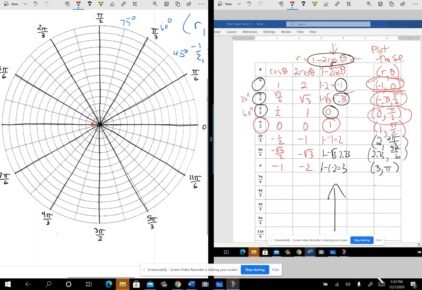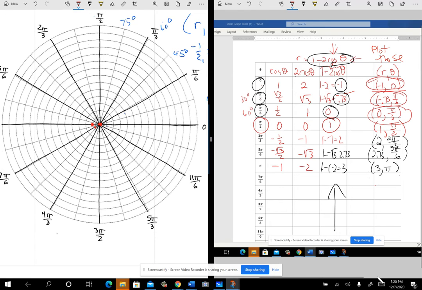So I'm going to go to pi over 6 and back up, and it's going to be like 3/4 of the way to -1. Okay, then when I get to pi over 3, I should be right there at 0. So I'm going to be right there in the center.